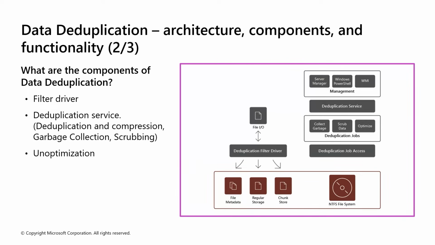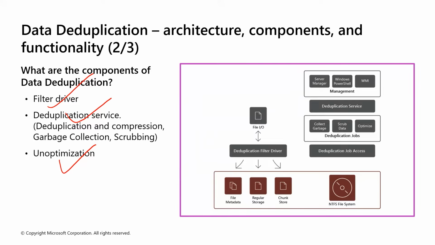The main components of data deduplication are the filter driver, which redirects read requests to the correct data chunks, the deduplication service, which manages deduplication, garbage collection, and scrubbing, and finally, an optimization process.